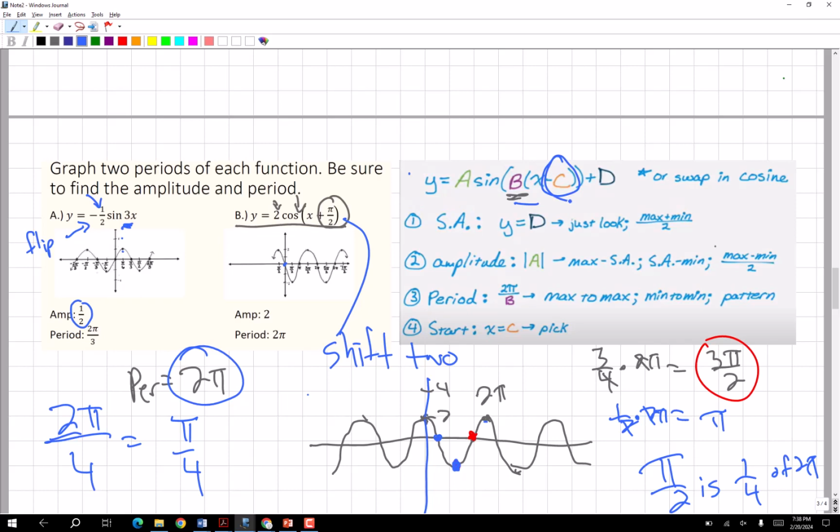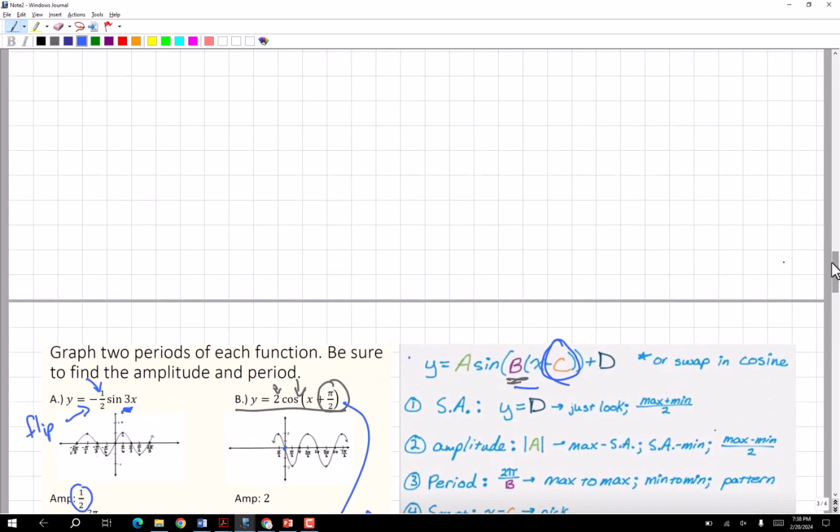So that shift, if it is pi over 2, is part of the period. If you took 2 pi on my calculator and divided by pi over 2, I get 1/4.